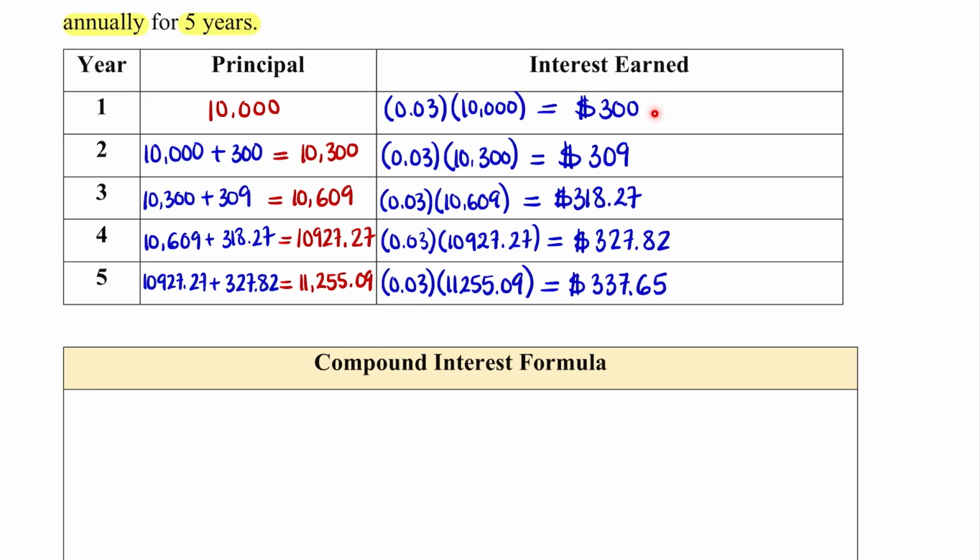So these are the amounts of interest that I earn each year during these 5 years. The total interest will be the sum of 300 plus 309 plus 318.27 plus 327.82 plus 337.65. So that is $1,592.74.